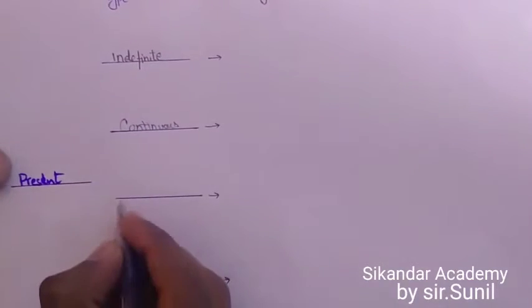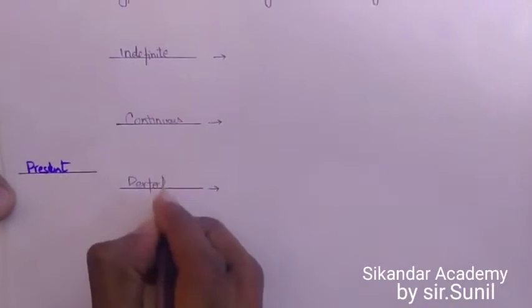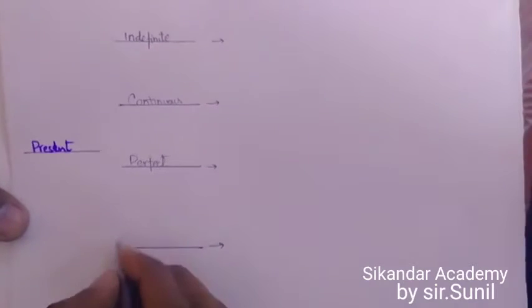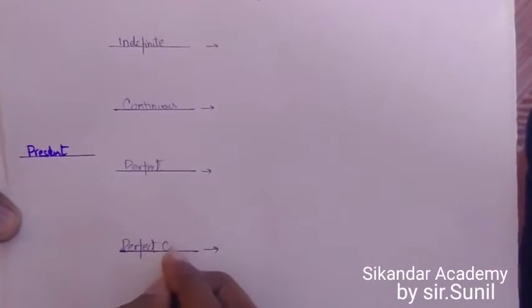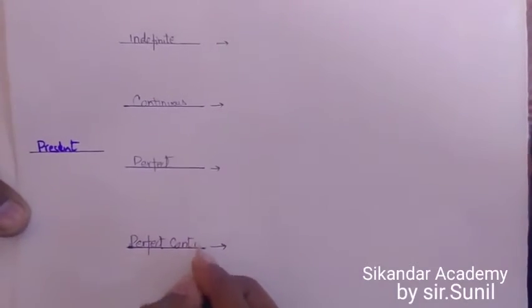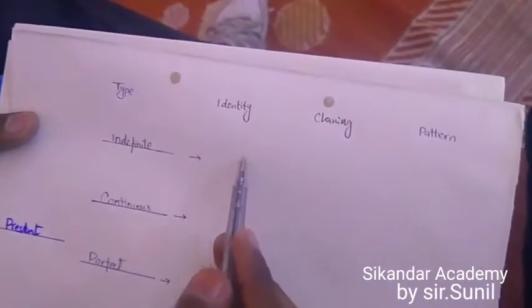Continuous tense. Then the perfect tense and the perfect continuous tense. Now the second heading is identity.